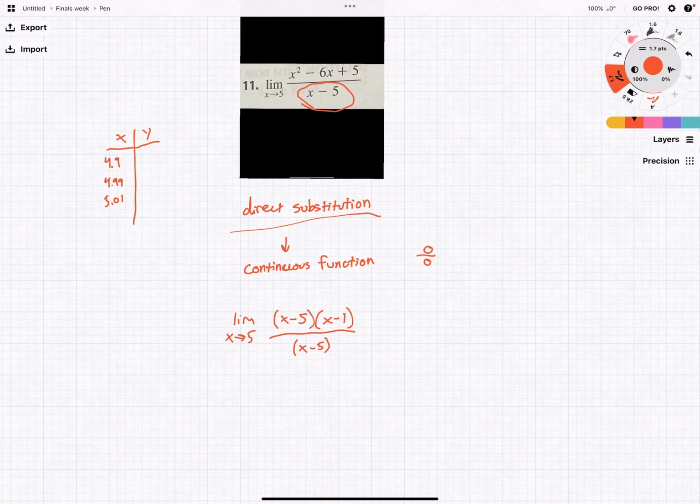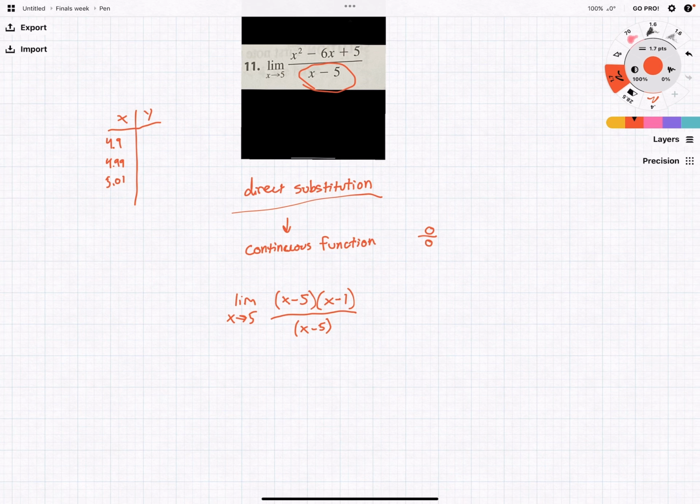Now, here's an important thing. This was really confusing to me when I first learned limits, because I didn't understand, wait a minute, how are we just plugging this number in to find the limit? I thought limits are what value is approaching. And here's basically how it works.